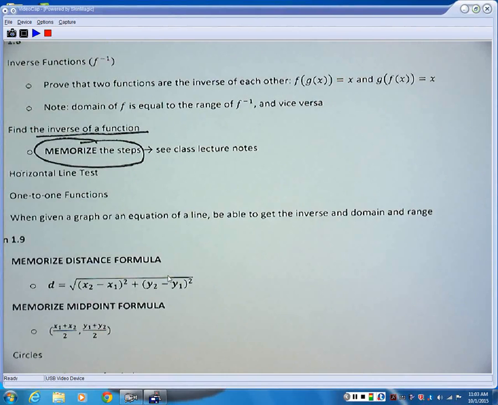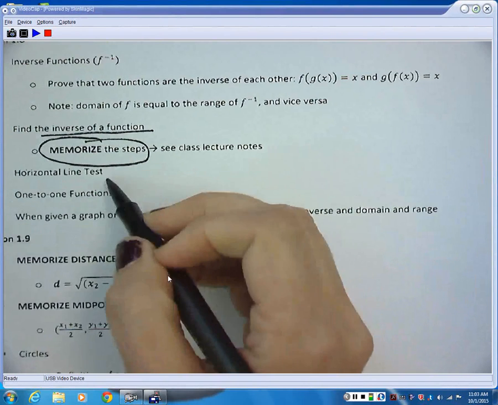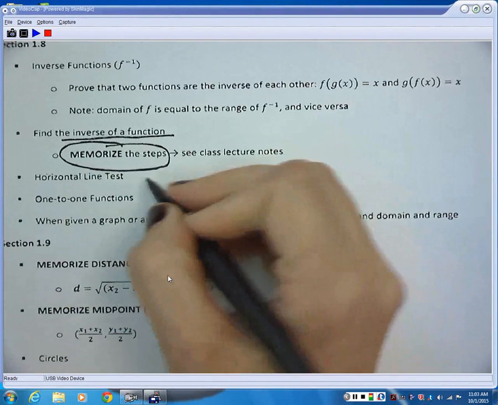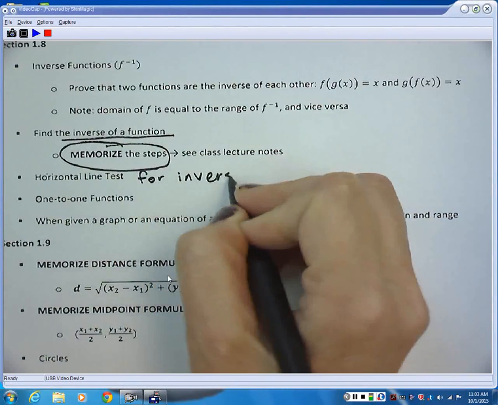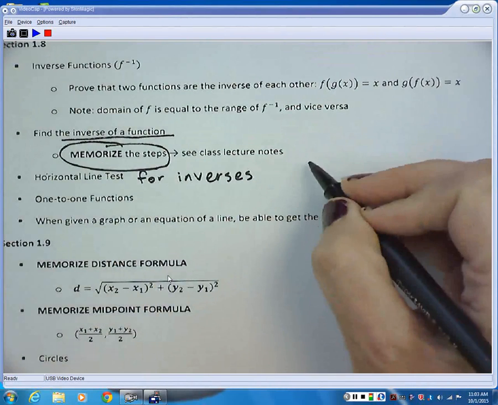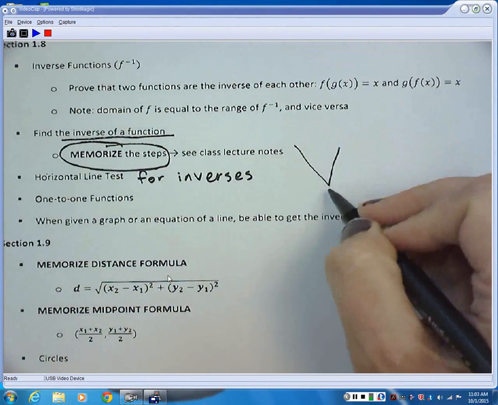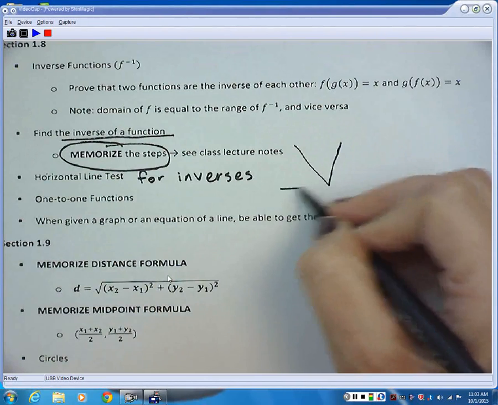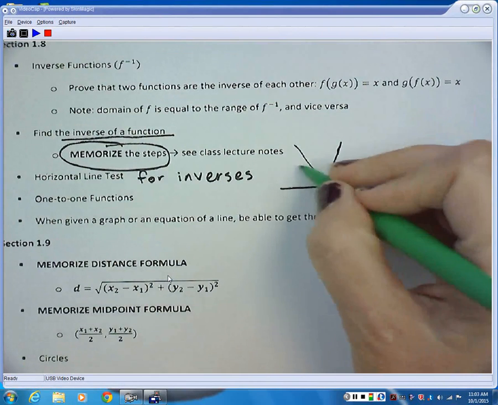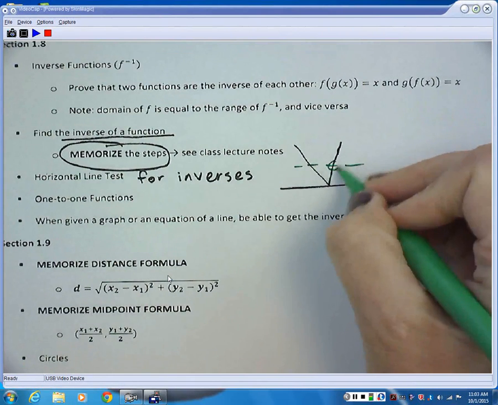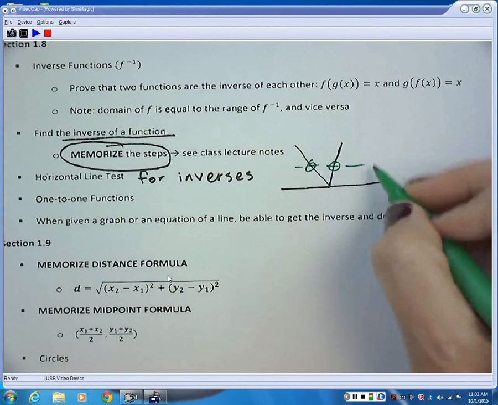Okay, and then the horizontal line test for inverses. So what we had was, if we had a graph, and we could make a horizontal line anywhere and go through 2 points, then there's no inverse.